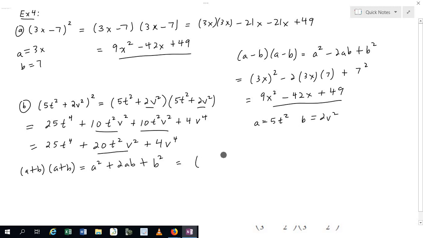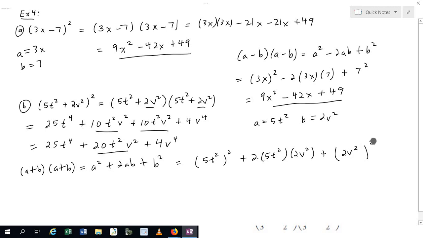So a squared would be 5t squared, squared. Okay? A is 5t squared, and you're squaring that. Okay? Times 2a, which is 5t squared, and then b is 2v squared, plus b squared, and this is b.